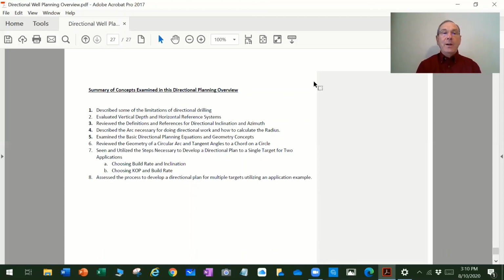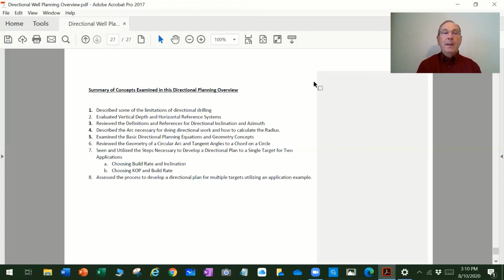We have evaluated the vertical depth and horizontal reference systems that are utilized for doing directional work. We have reviewed the definitions and references for directional inclination and azimuth. We've described the arc that is necessary for doing directional work and how to calculate the radius of that arc when we do directional work.